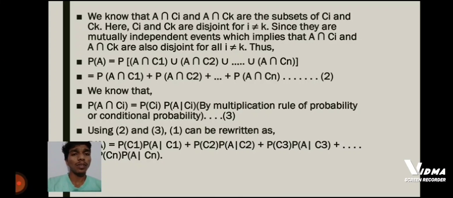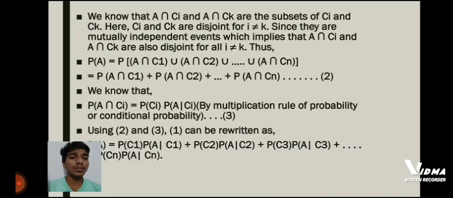Thus, P of A equals P of A intersection C1 plus P of A intersection C2 plus and so on up to P of A intersection Cn, which is equation 2. We get P of A intersection Ci equals P of Ci into P of A by Ci by conditional probability.